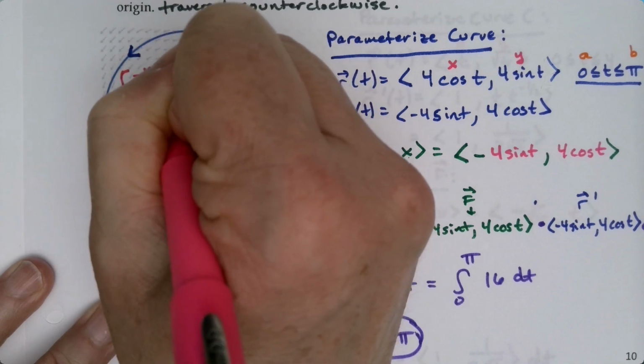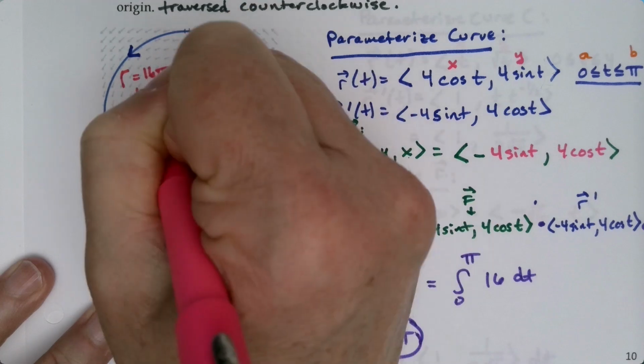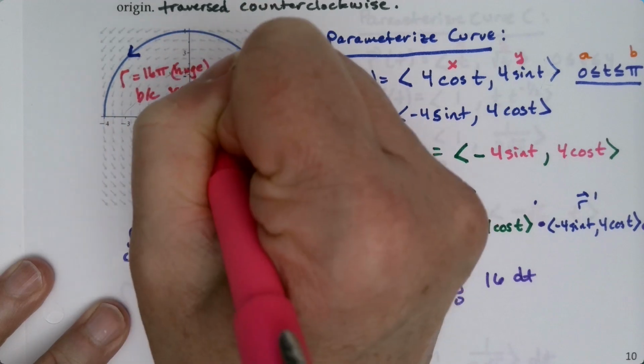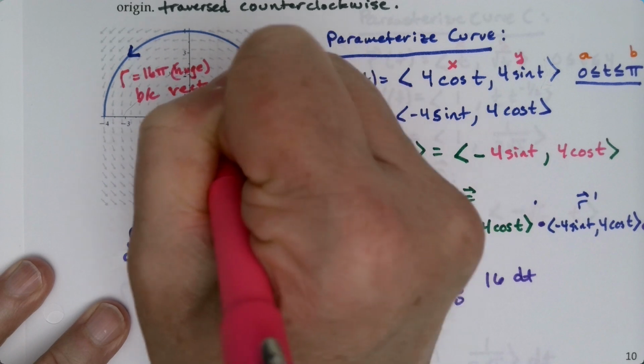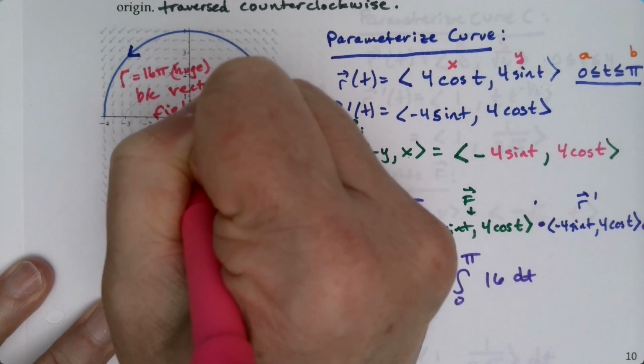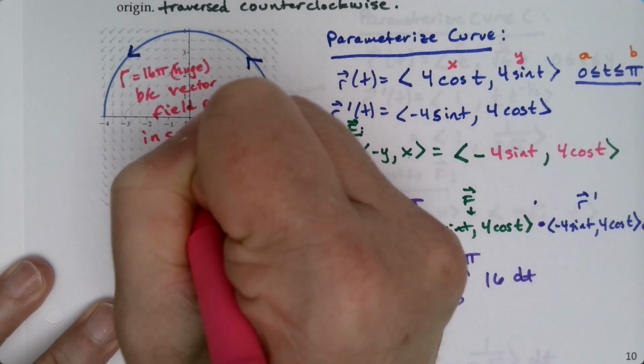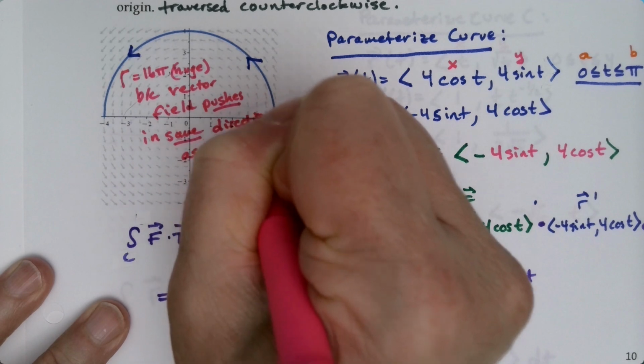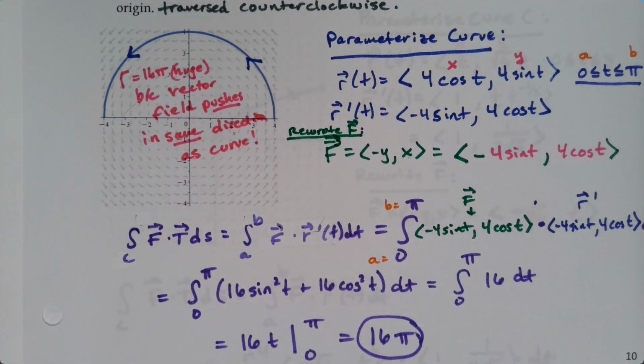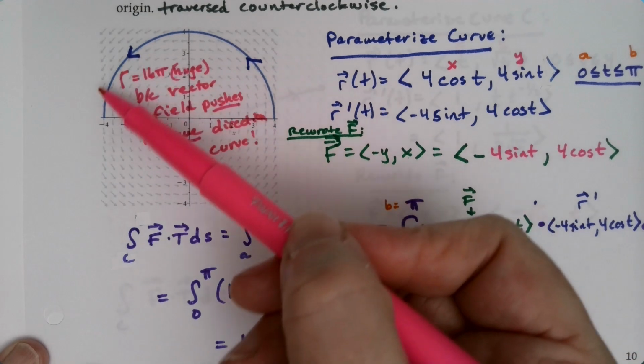The vector field is doing a lot of pushing in the same direction as the curve. So your circulation is a very large number because these arrows are pointing right along that curve.